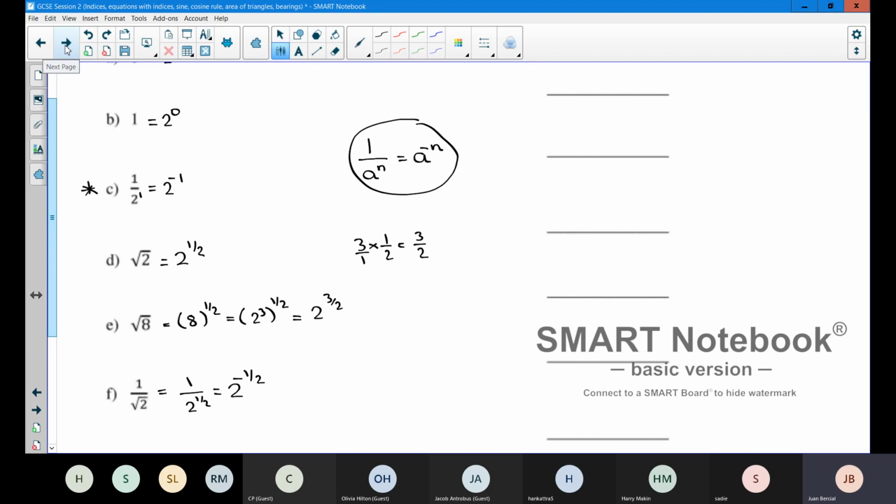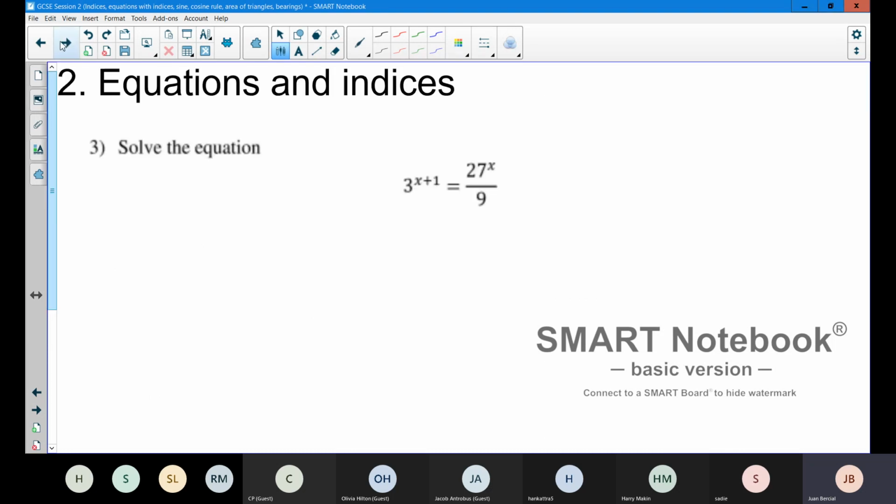So this is just the lots of indices, and the request last week was about solving equations with indices. So the trick, if you want the trick, is to express both sides with the same base. So this is the trick.